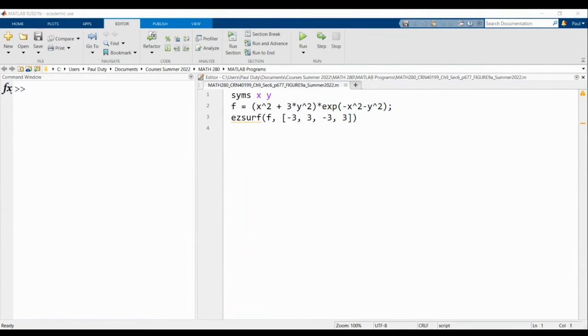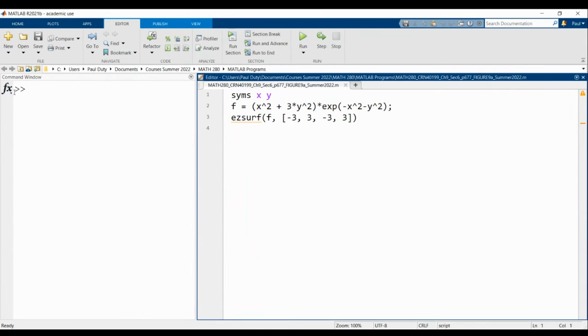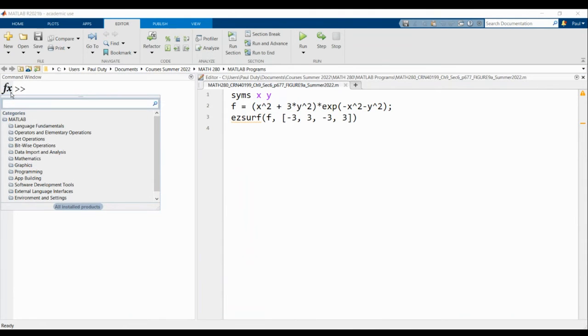Okay, there's my code. Now, sometimes there's a function that you need to type in your code, and you don't know how to type what it is in MATLAB. Well, if you go to the little command window here and click on the little thing below, you can browse, and it brings up a help menu.